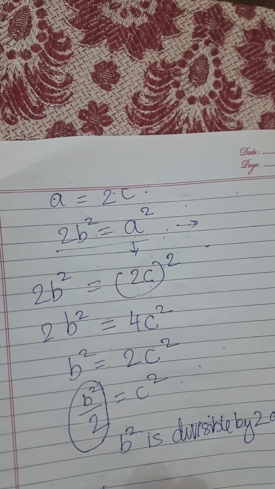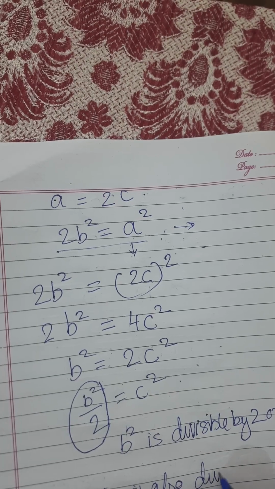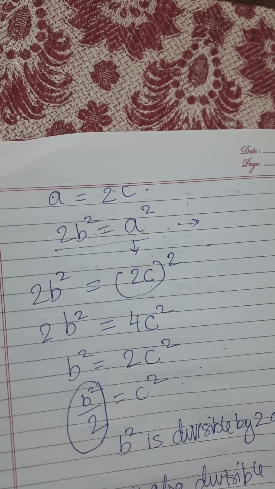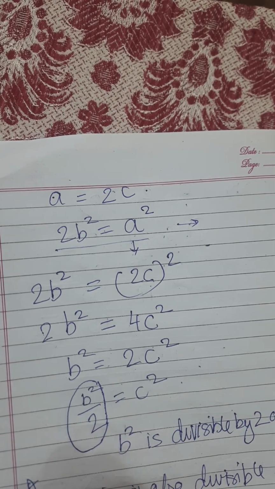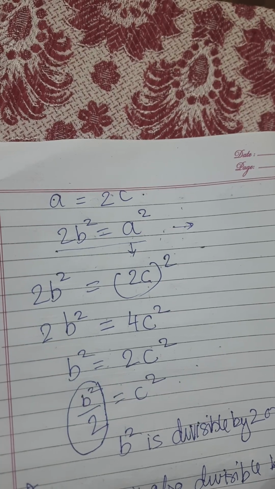Therefore, b is also divisible by 2. This is what we discussed, the fundamental theorem of arithmetic. Okay, so b is also divisible by 2.